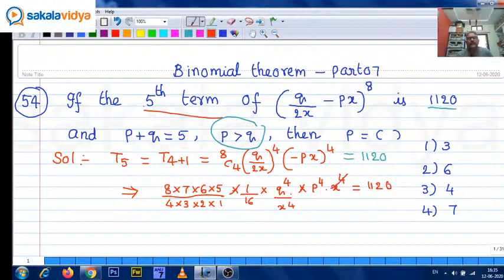So we need to simplify. X power 4 gets cancelled. Here 3 twos are 6, 6 cancels, and 4 twos are 8. This gives 70 upon 16 times (pq) whole power 4, because p power 4 q power 4 can be written as (pq) power 4, equals 1120.